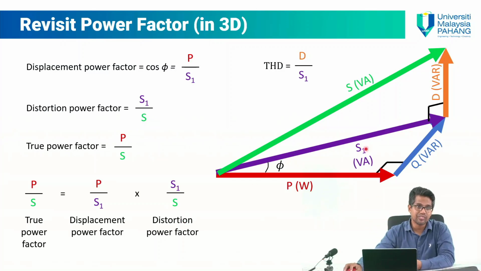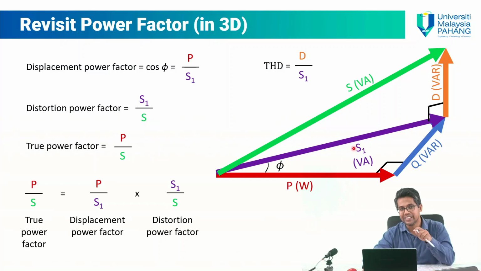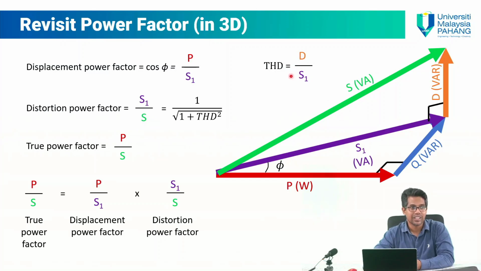Right now, the harmonics component is D. When you divide by S1, because S1 is the one contributed by the fundamental component, you get THD as D divided by S1. Because of that, we have another formula for distortion power factor, S1 over S: you can also get it as 1 over the square root of 1 plus THD squared.